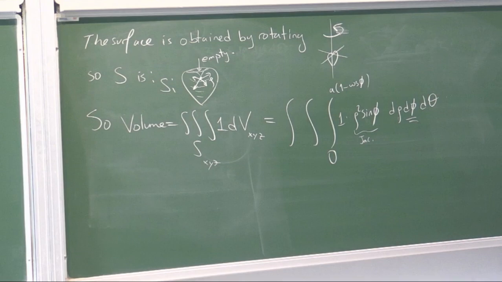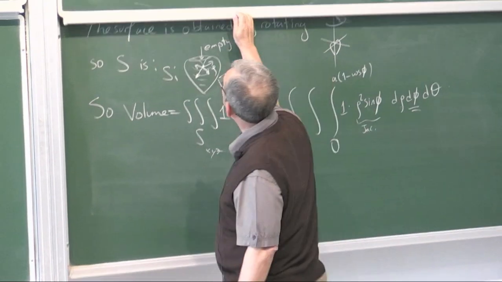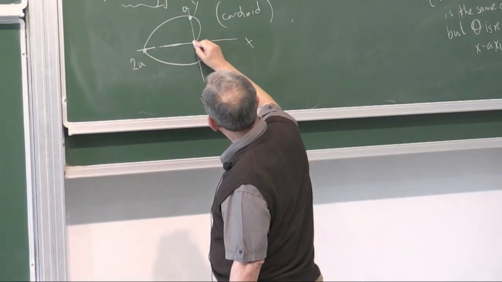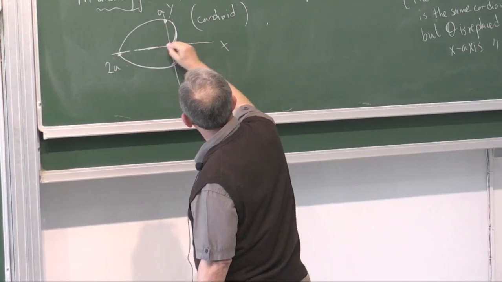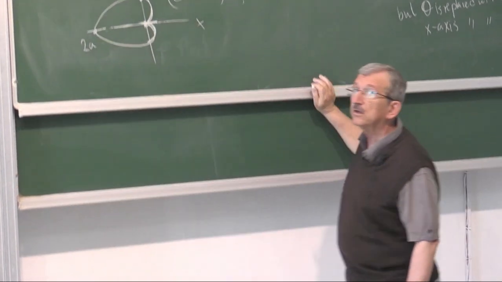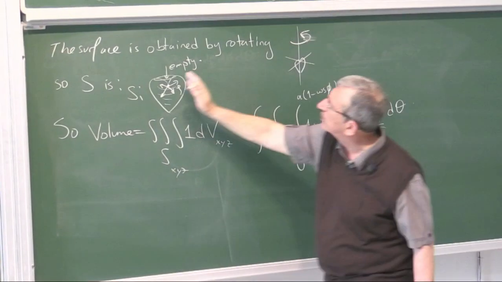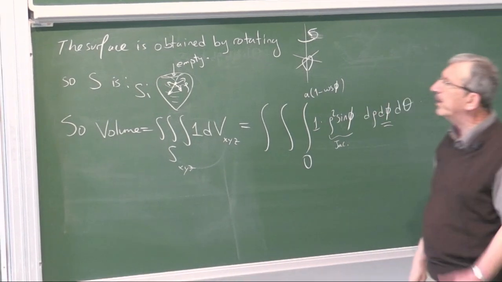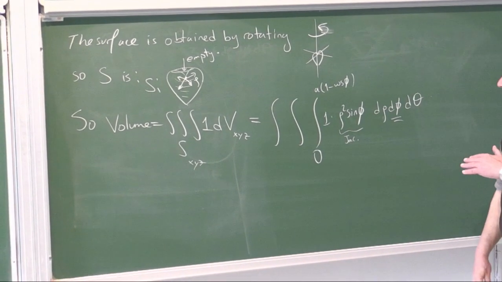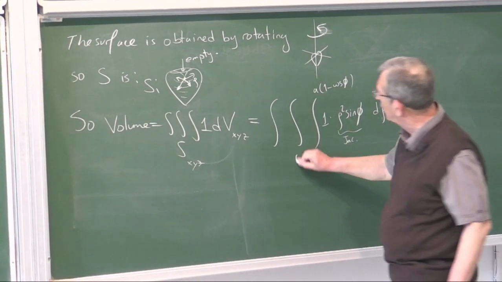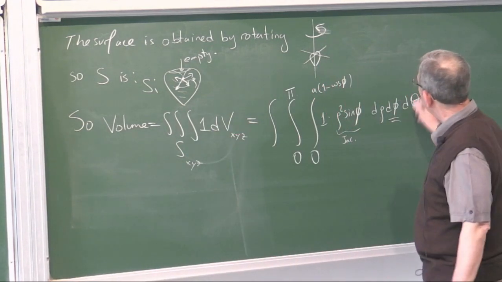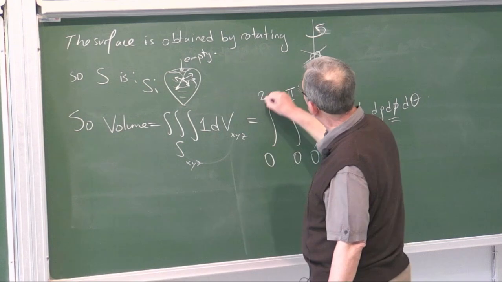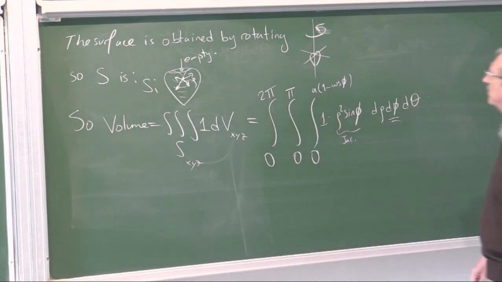Now, phi: if we look at this cardioid, we see that at this point we have a horizontal tangent, and so here we start with a vertical tangent, so we are immediately inside, and we go up to pi, all the way from up to down. And theta makes a complete revolution.